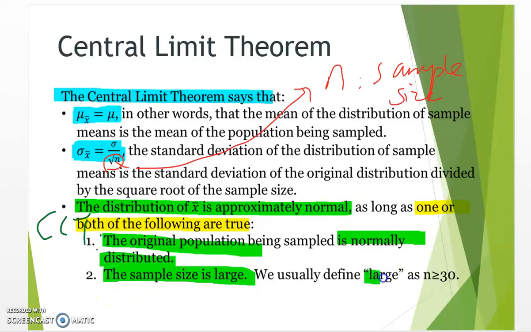And by large, we mean the sample size is greater than or equal to 30. So as long as one or both of these are true, you can use the central limit theorem and conclude the distribution of x bar is approximately normal.